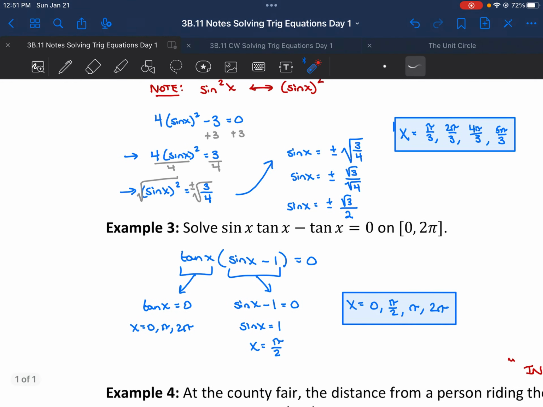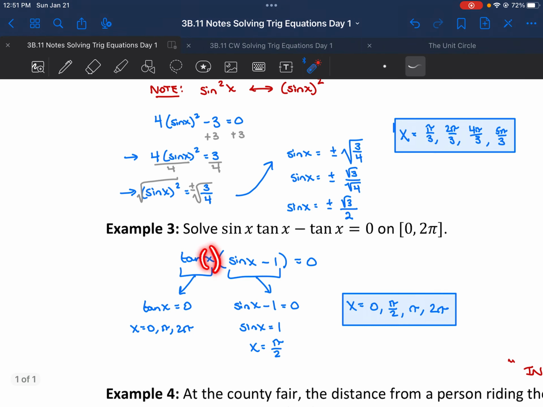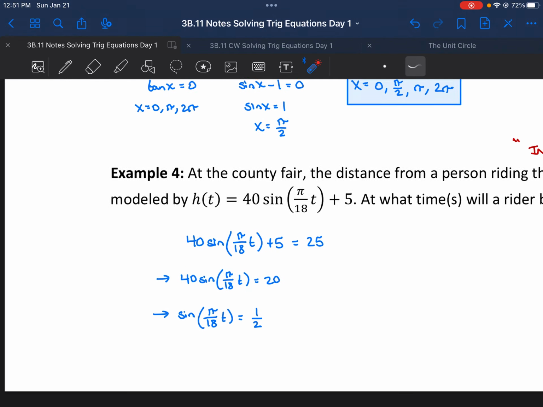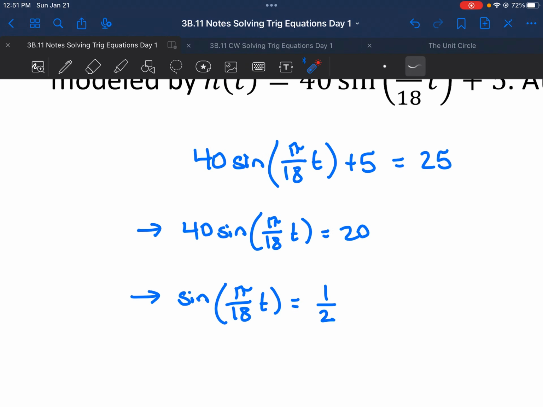Now in all these previous examples, it was just tangent of x, or sine of x, or cosine of x. So we want to know, when is sine going to give us 1/2? We're going to take whatever this argument is in here and set that equal to those angles where the sine value is 1/2.